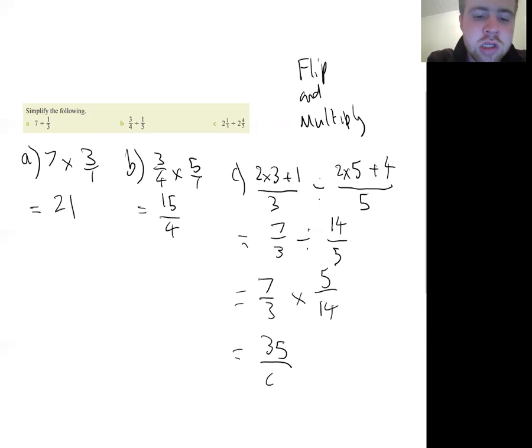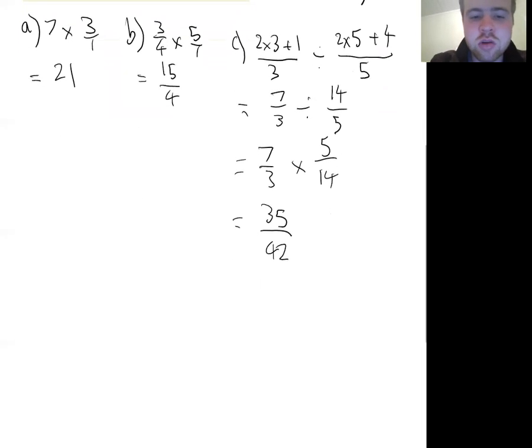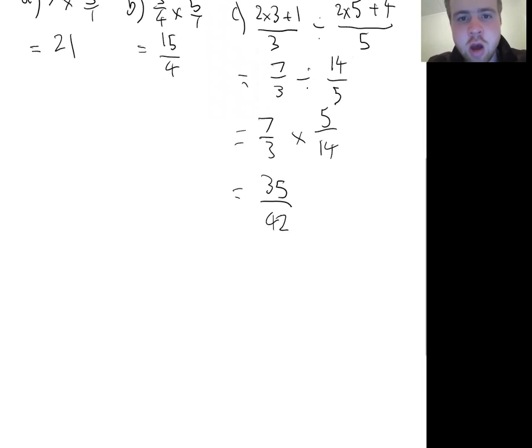So it's going to be 42. Okay, and there we have our answer. Now, last thing that we can do with this one is we're going to check for any common factors. Okay, I know that 7 goes into 35. It also goes into 42. So I'm going to divide top and bottom by 7. So I get a simpler answer, and it's going to become 5 over 6.